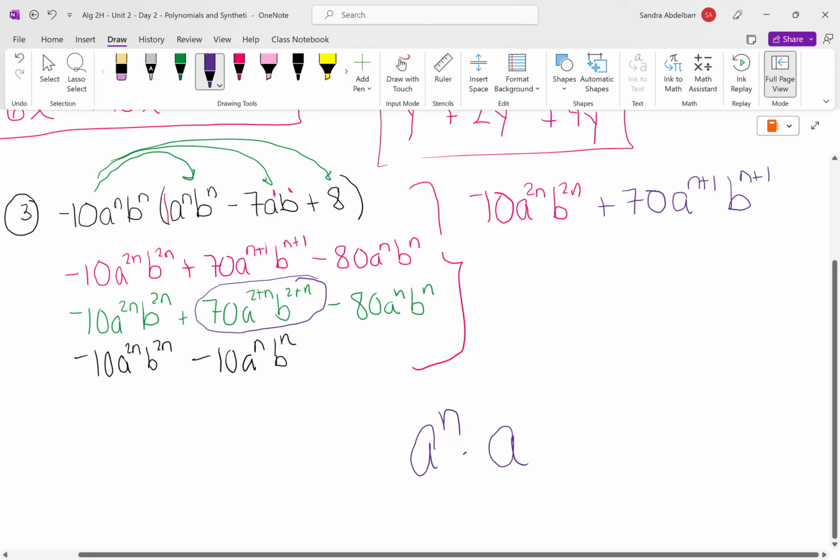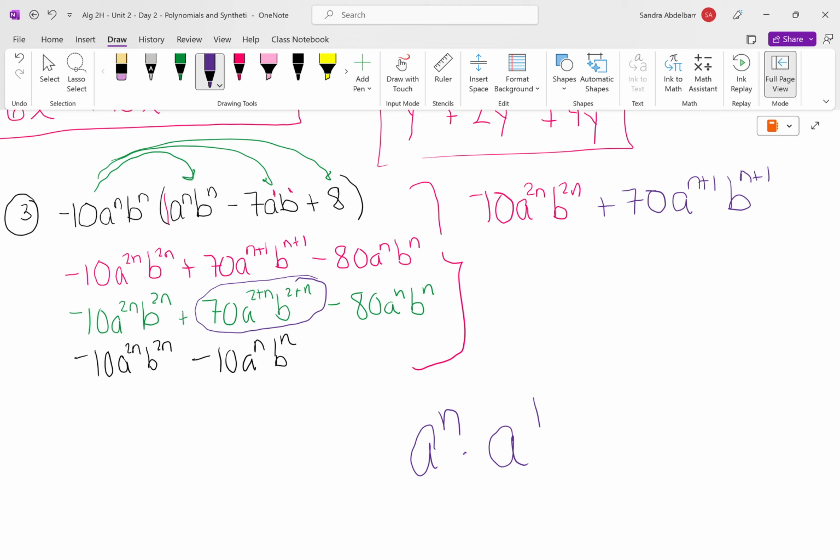So when we're doing a to the n times a to the first, a times a is a squared. But it's not a times a, it's a to the n times a to the first. So you keep your base. If this was a to the third times a to the first, you'd say a to the fourth. You just take whatever exponent it is and add it. Does that make more sense now? Okay, good. All right, let's keep going.